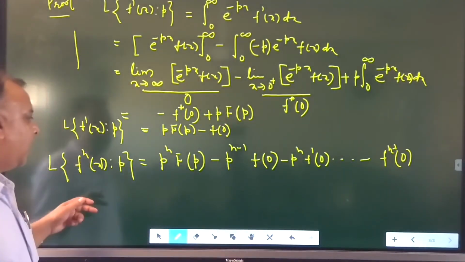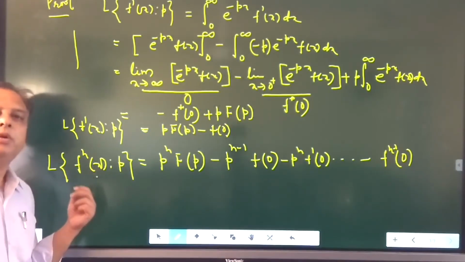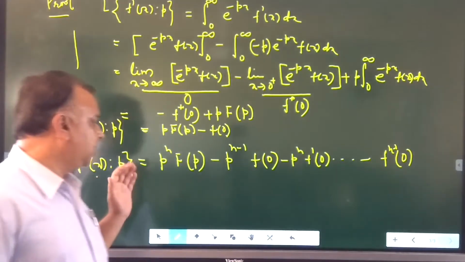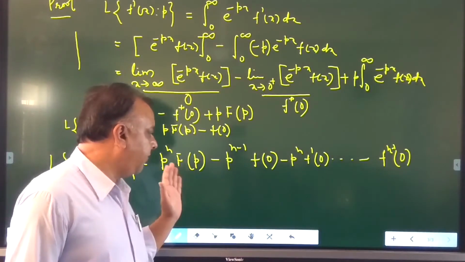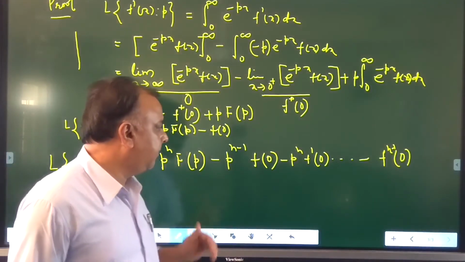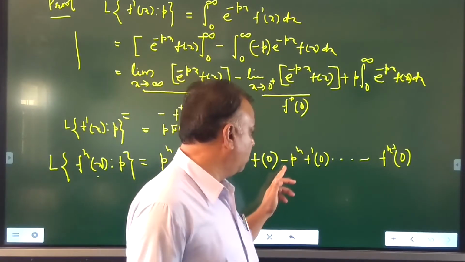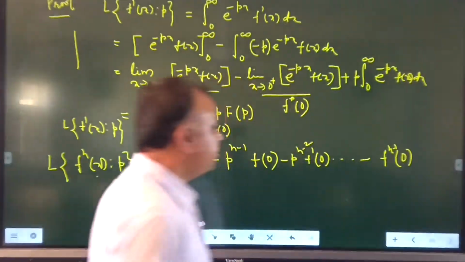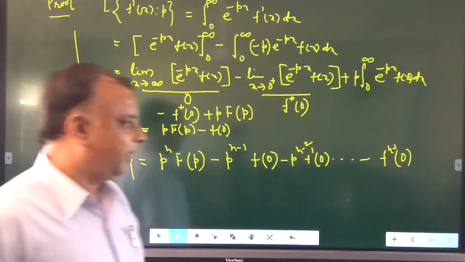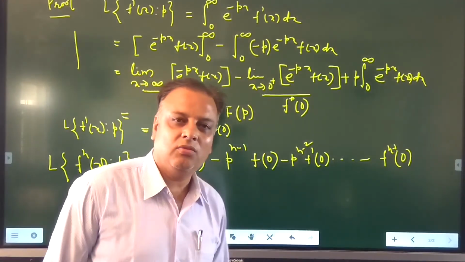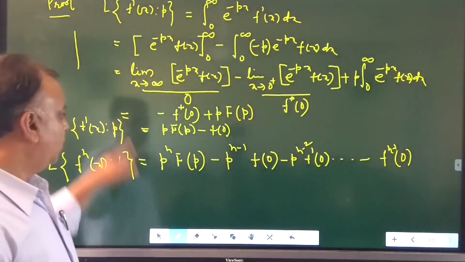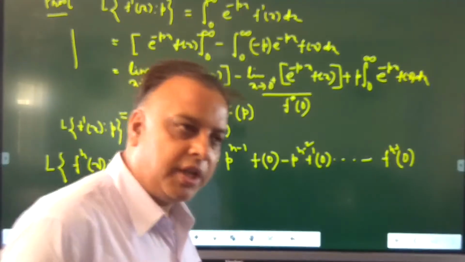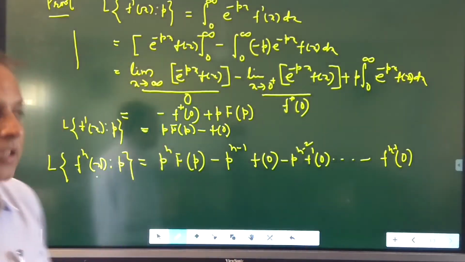So on generalization, the Laplace transformation of the nth derivative of the function is p^n F(p) minus p^(n-1) f(0) minus p^(n-2) f'(0), and the last term is minus f^(n-1)(0). So these are the Laplace transformations of the function's first derivative and its nth derivative.